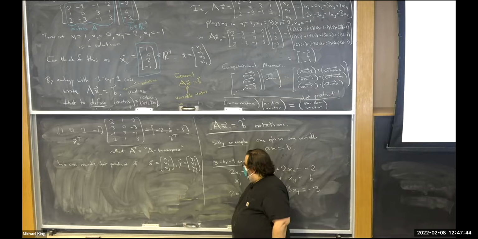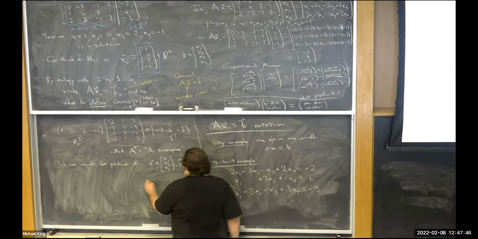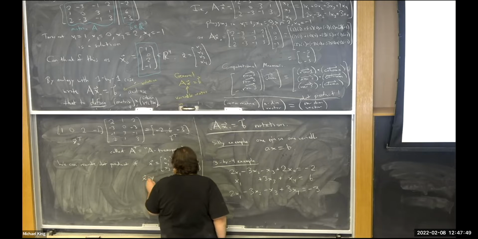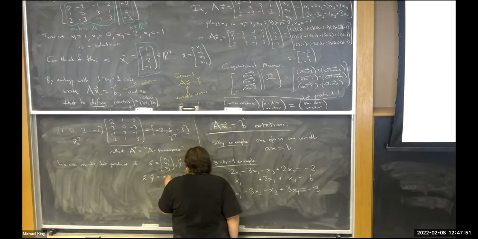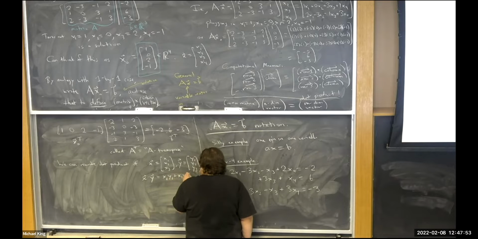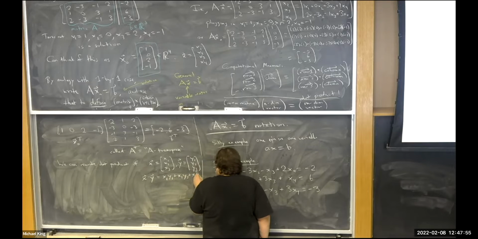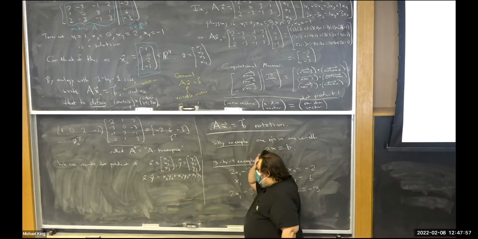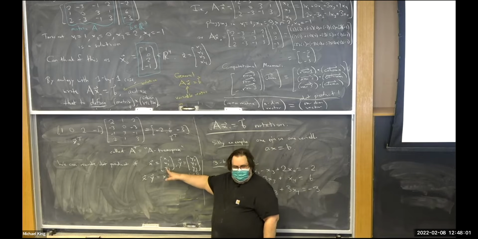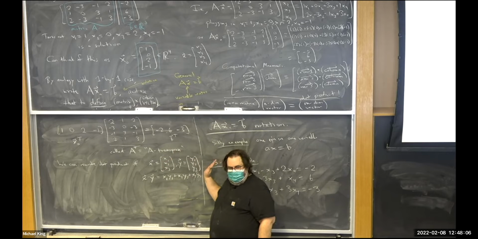Then x dot y is, like we said, x1 y1 plus x2 y2 plus x3 y3, right? But you could also think of this as taking x transpose, turning it into a row, and multiplying it by y.